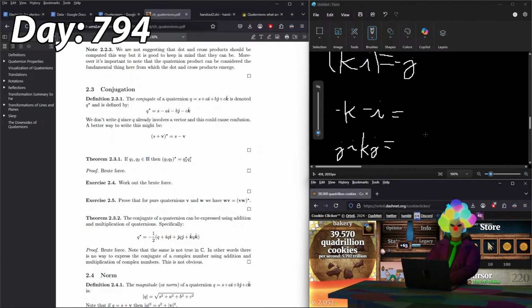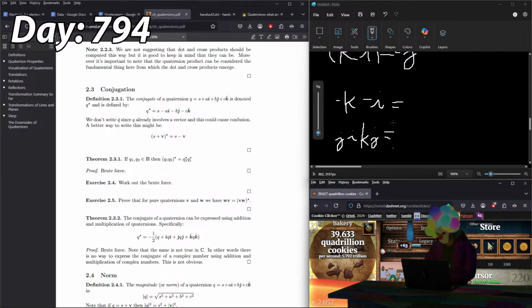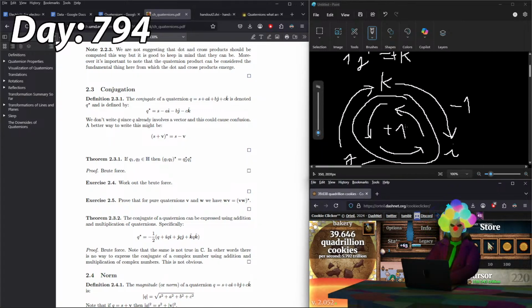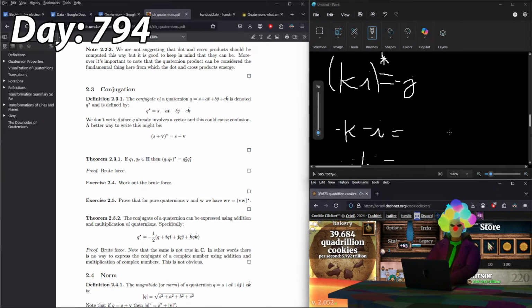I feel like I've made more of a mess than helped with anything here. JIKJ, I could get IK together. I need this cheat sheet, honestly. IJK, that's the order. Okay, that's the positive order.